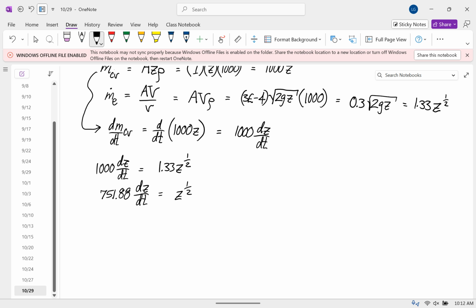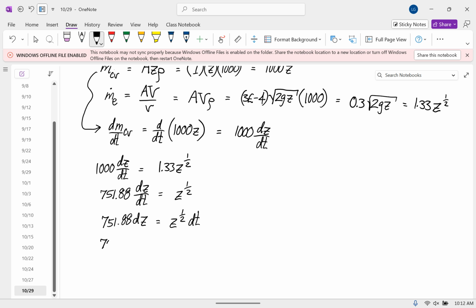And now I'm going to multiply both sides by dt. That dt is the only stuff we have that has t in it. But I do have to move the z to the 1/2 power over to the left side.